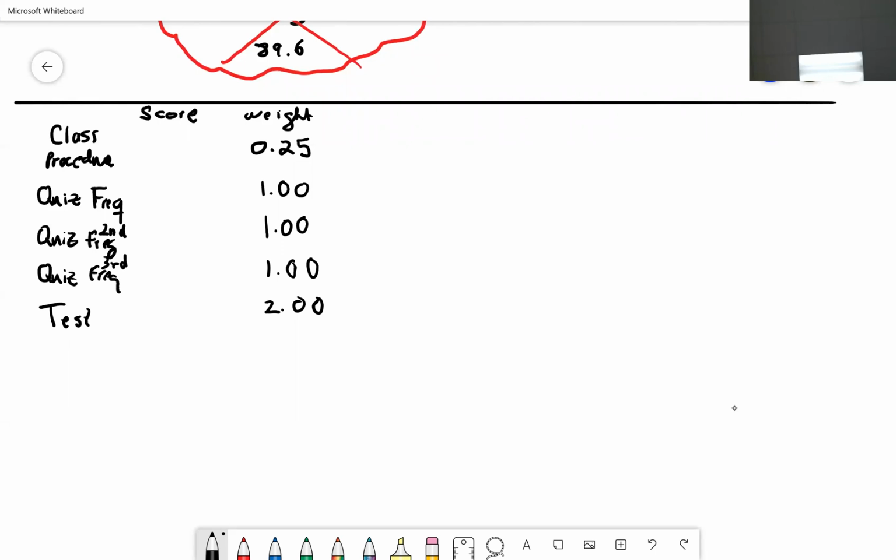And then we did dot plot, and that was worth 1 grade. And then we did stem and leaf, and that was worth 1 grade. And then we did pie chart, and that was worth 1 grade.